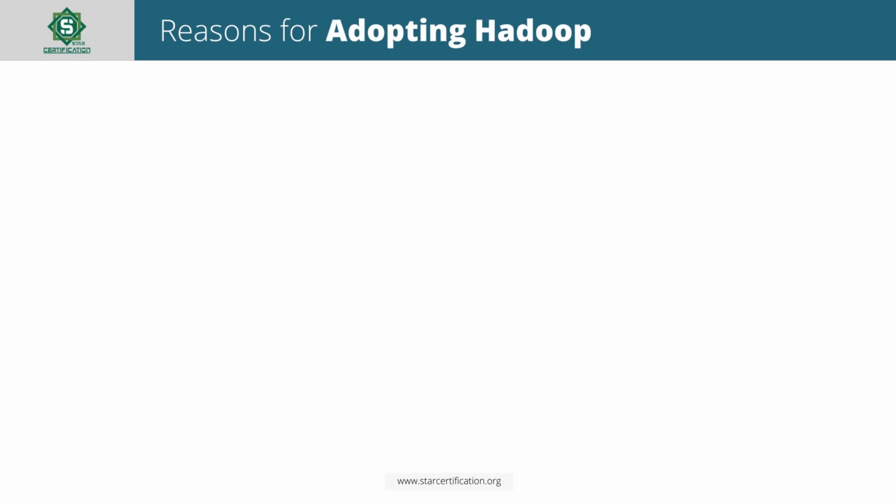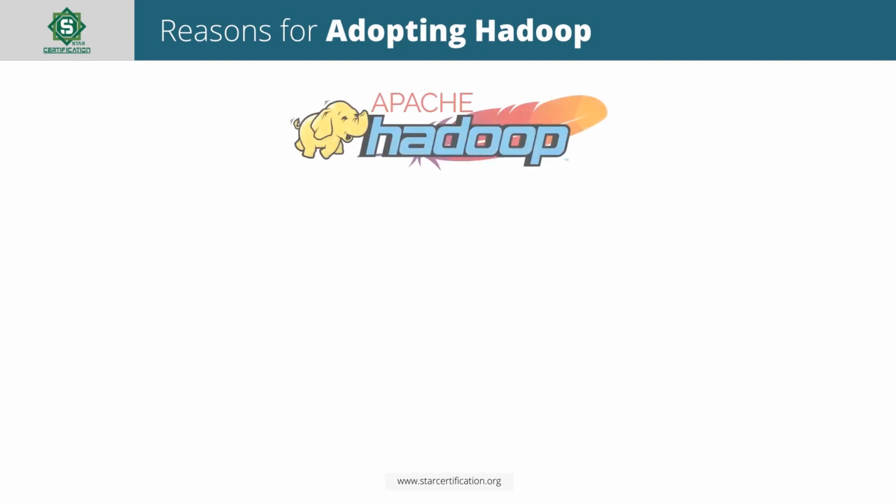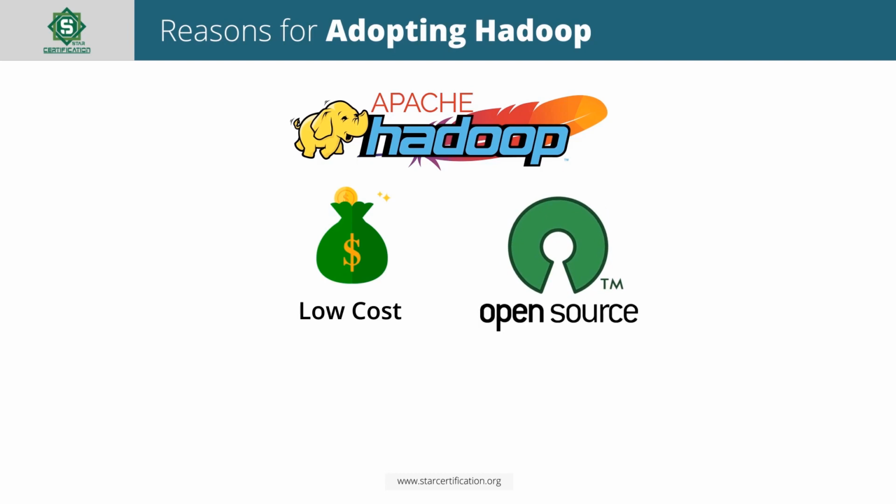Reasons for adopting Hadoop. The reasons for the acclamation received by Hadoop over the years are: low cost. The cost per terabyte of data storage with Hadoop is less as compared to traditional systems. Open source: the open source community guarantees long-term relevance.